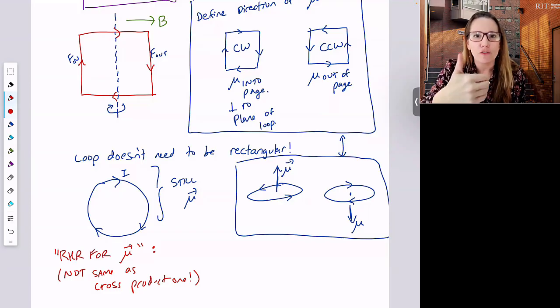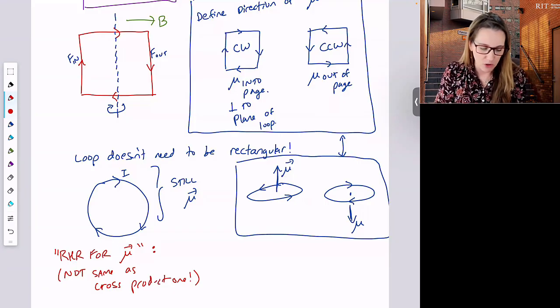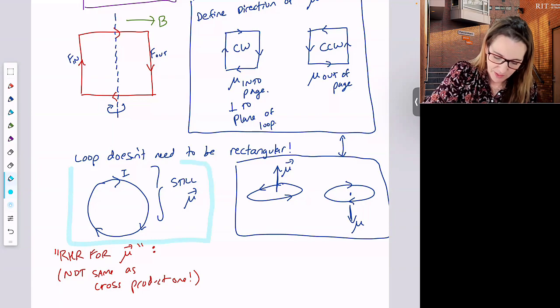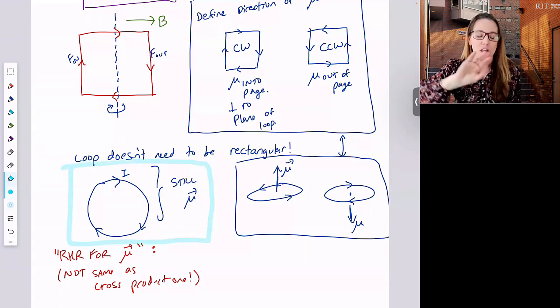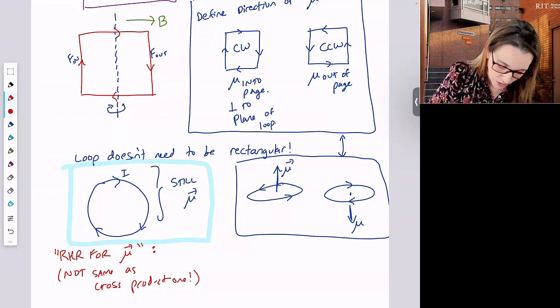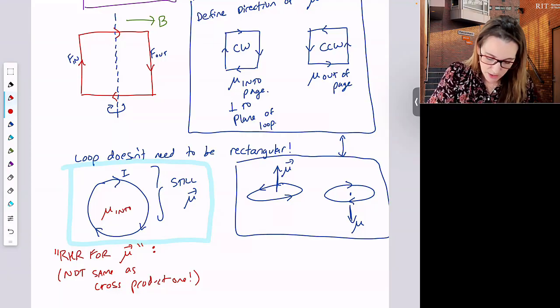You just curve your fingers in the direction of the current. So for example, if we look at this one that I drew here, see how it's a clockwise rotation. If I put my fingers along that, my thumb points into the page.